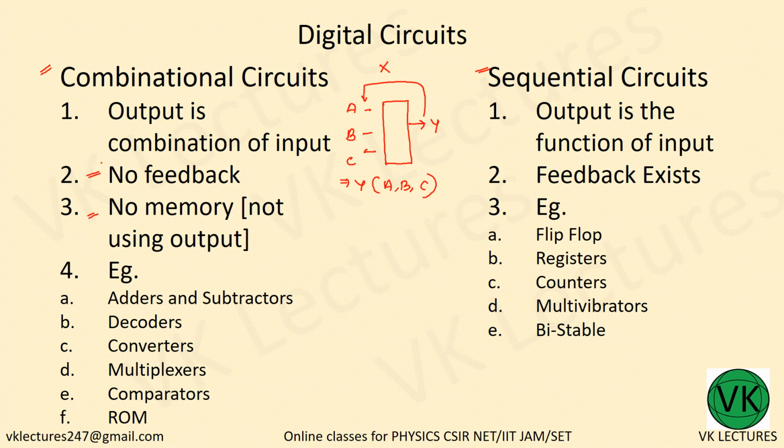Now after the first output, for example 101 is the answer that we have got, the next output Y2 will be a function of A, B, C, and these are different inputs and you have different Y. You already had an output here.